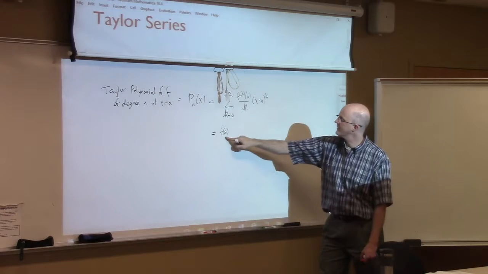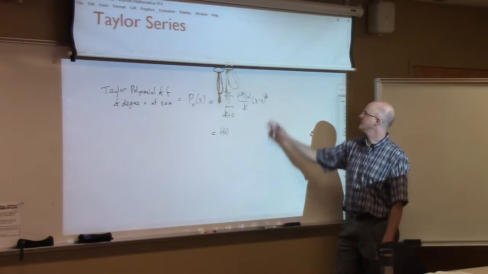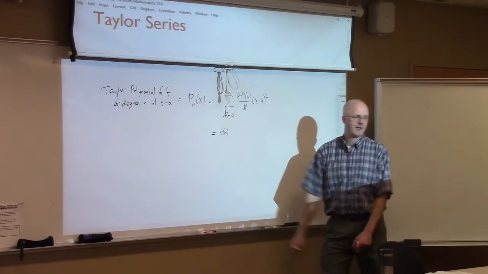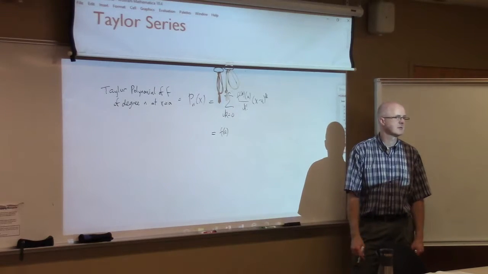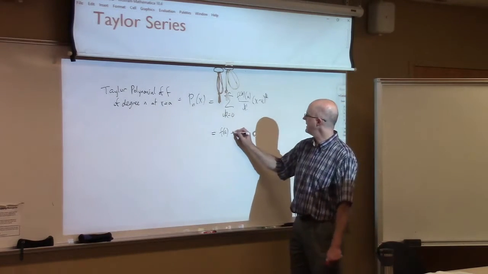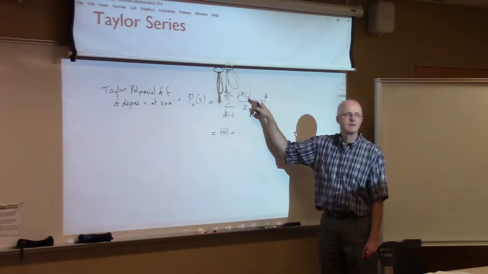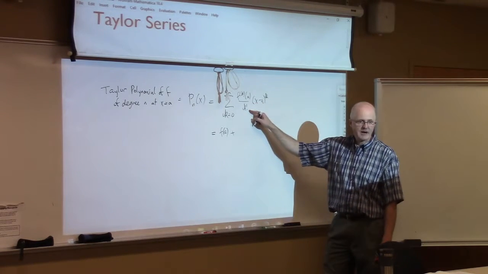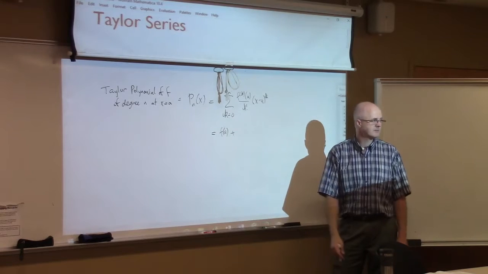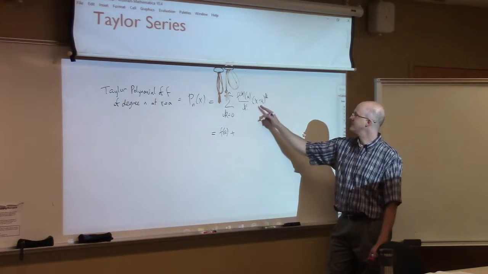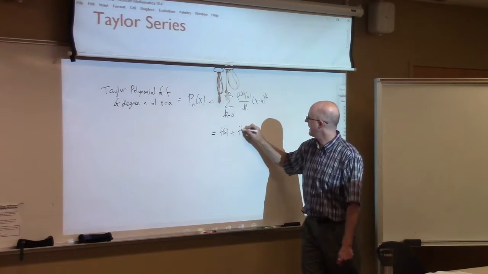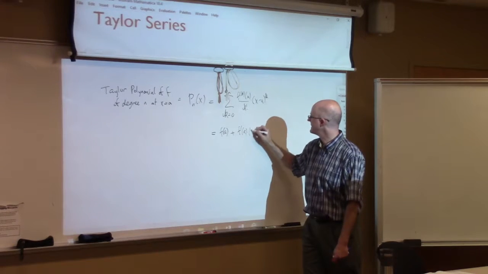The only thing that's not 1 is f of a with the first term when k is 0. When k is 1, I get f prime of a, first derivative, divided by 1 factorial. 1 factorial is also 1, so we don't need to write it, times x minus a to the first, f prime of a times x minus a.